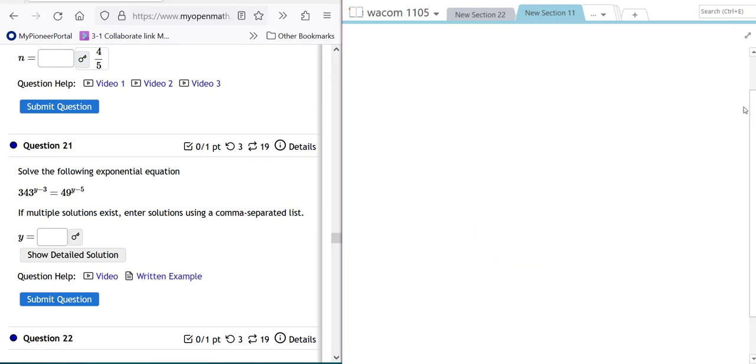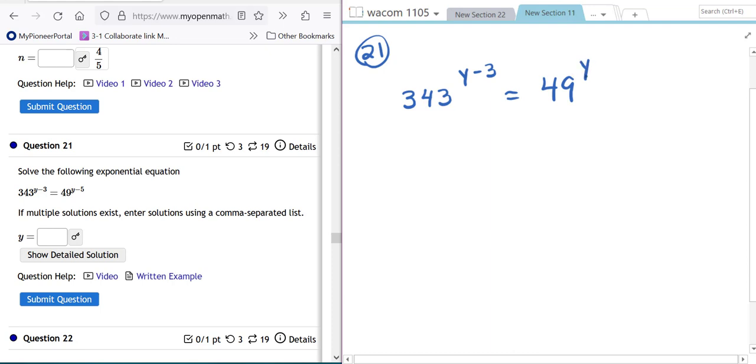Next one you have to think about a little bit. So 343, oh, I don't know anything that gives that. But you'll look at the other one and it's 49.